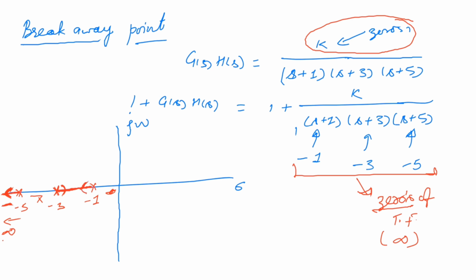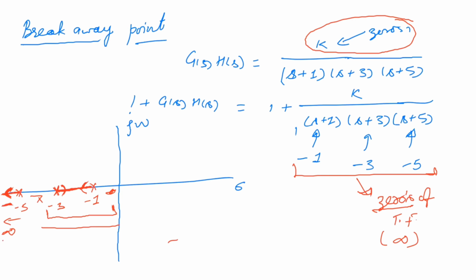Whenever we have this kind of scenario, with two poles moving towards each other, they will definitely meet at some point between -1 and -3, and then they will break away at some point in this section, and they will move along separate loci, and each locus will move accordingly.